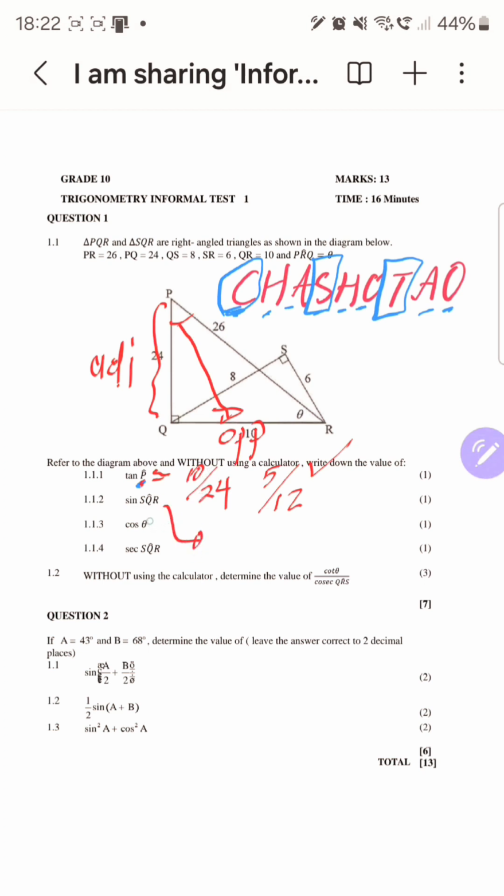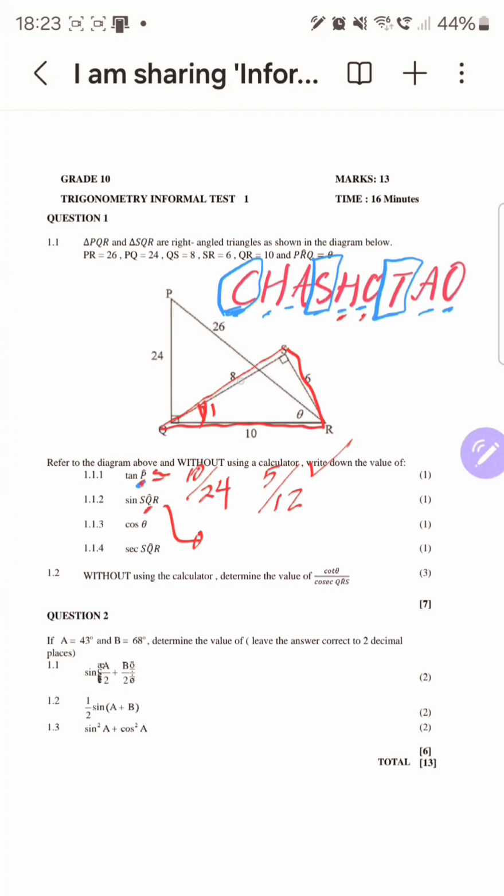The sin of SQR. Now we're going to change the reference. This is the triangle we're talking about now, and our reference angle is the one in the middle, this Q. Sin is the opposite over hypotenuse.